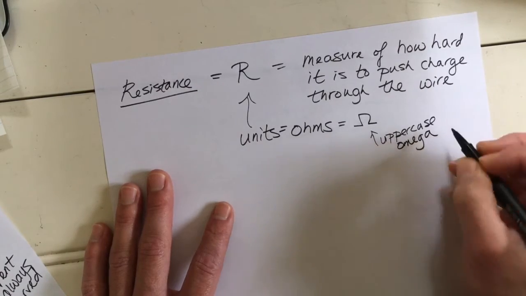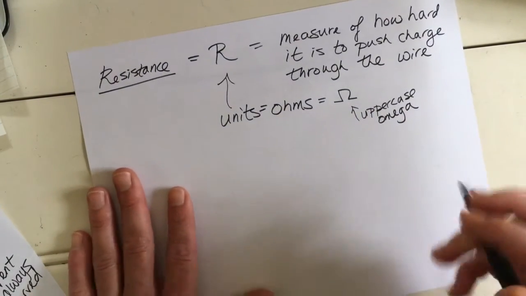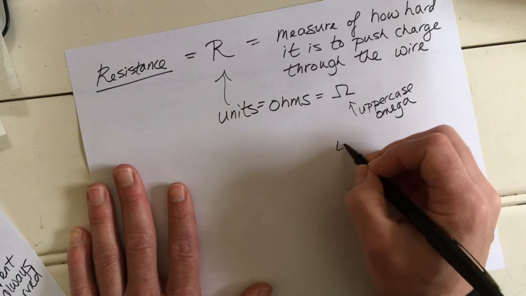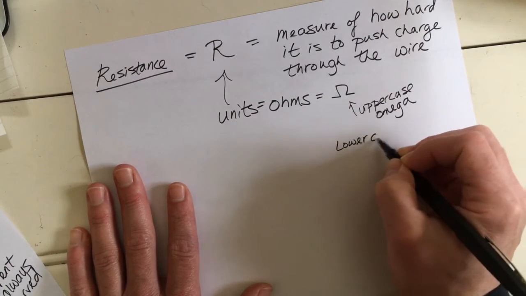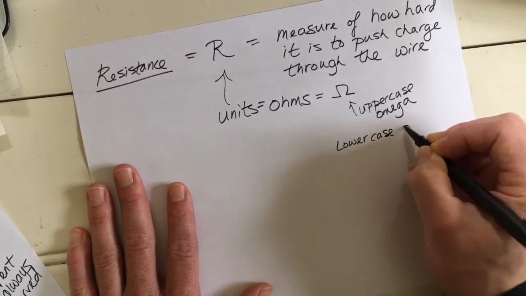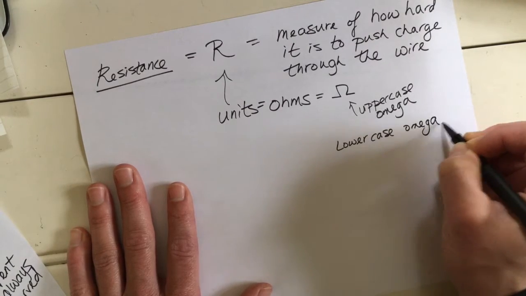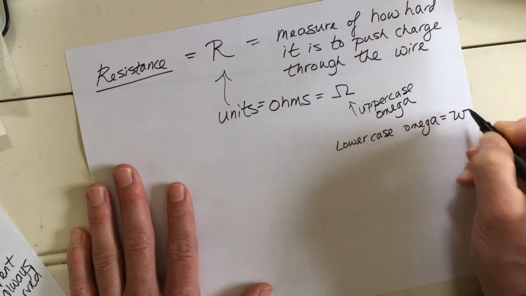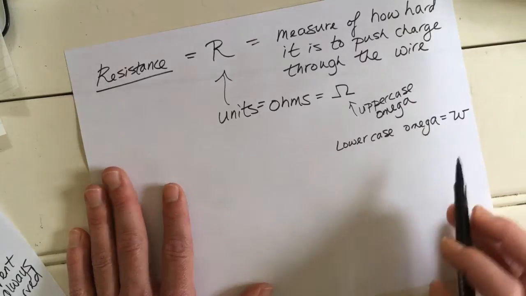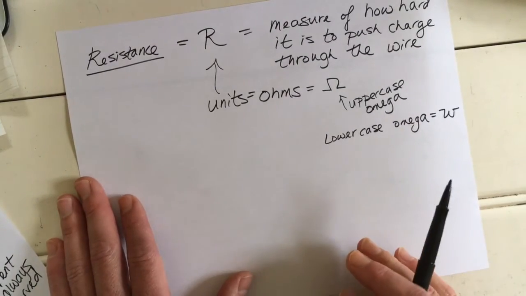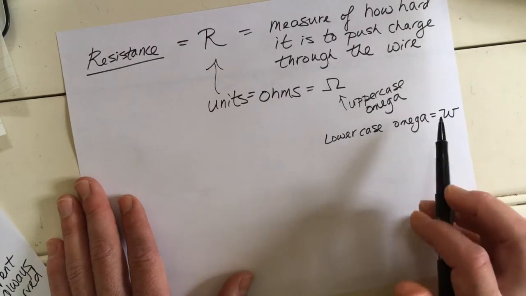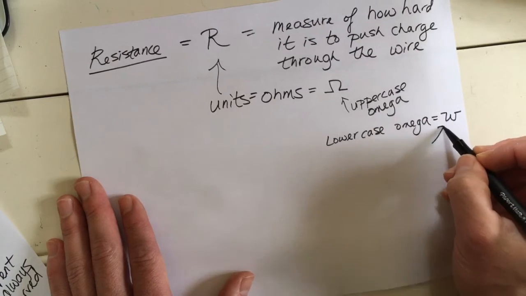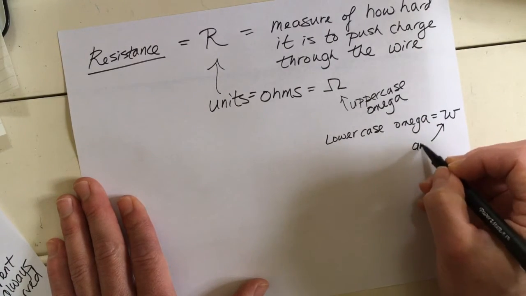I'm bringing that up because I think last time we said lowercase omega. I think you all should remember what that was. That was the script W. And so uppercase omega looks like this. Lowercase omega was angular velocity.